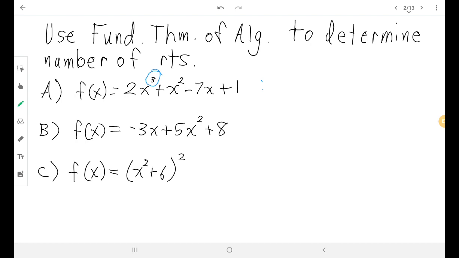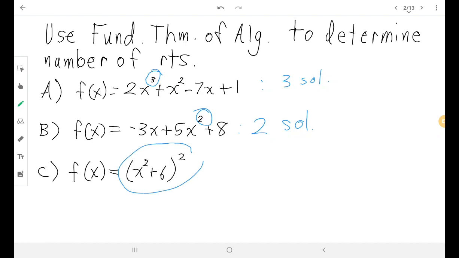So this one has three solutions, three roots, or three zeros, okay? If you look at B, you have to find the degree defining term, which is this one, the highest power, and then the power is what tells you how many roots, solutions, whatever. Okay, so this one has two solutions.